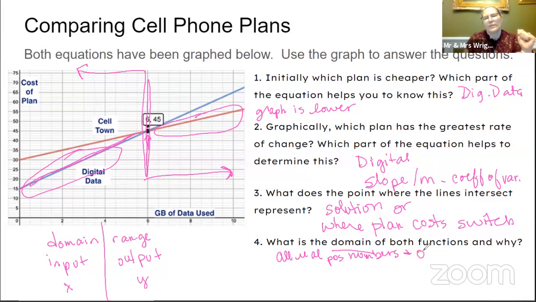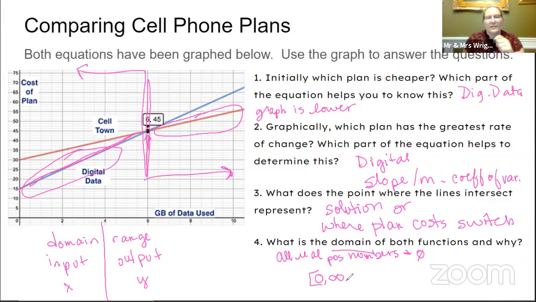Now, how you're going to represent this in set notation is we're going to include the number 0 because that's our lower limit, and it is included because you can use 0 data if you wanted to, okay? Now the upper limit, there was no upper limit. It went on to what? To infinity.